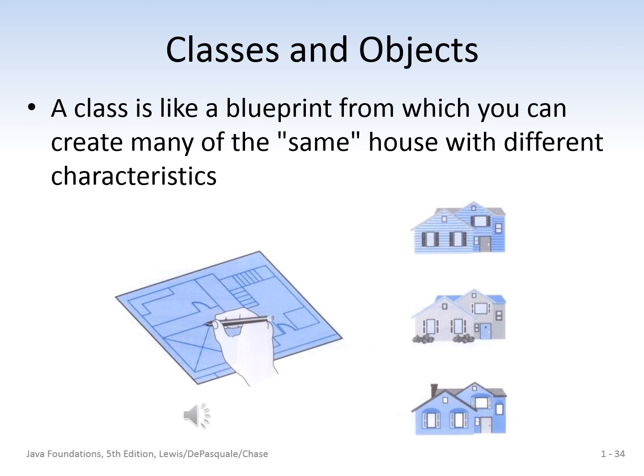I'm not sure that I love this example, but a class is like a blueprint from which you can create many of the same houses with different characteristics. So the class might be the basic house, and different models of the house then become synonymous with objects.